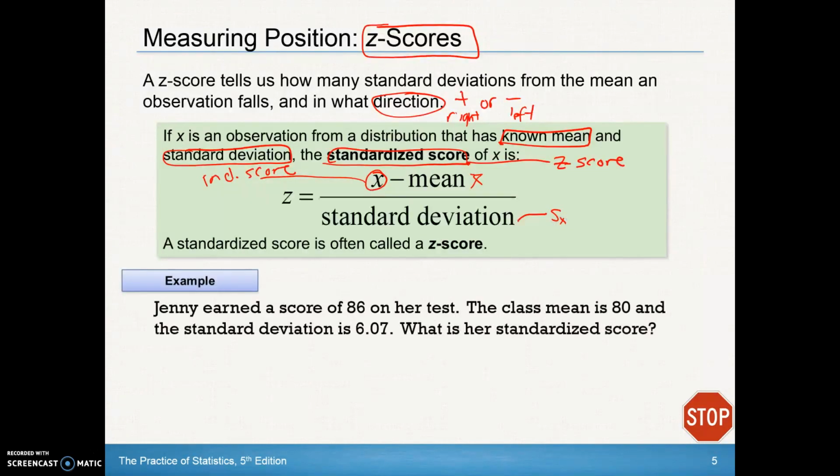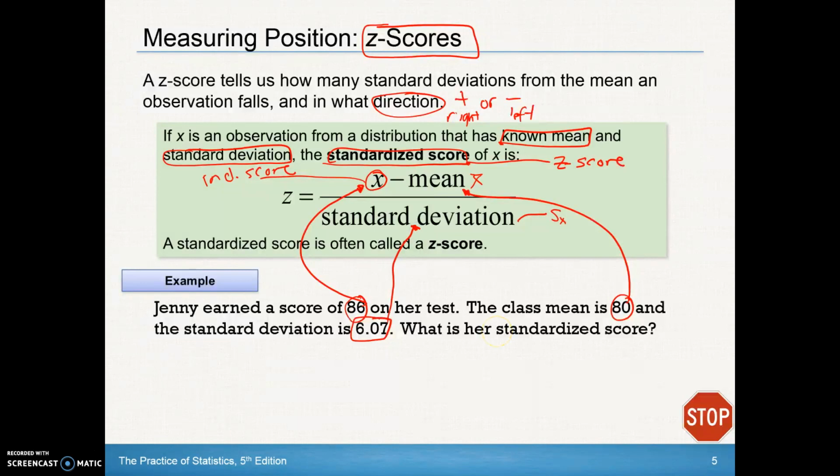So let's go back and look at Jenny. She scored that 86 on her test. That was her individual score. The class mean is 80, so that's what we have here. And the standard deviation was 6.07, so they had the raw data to calculate all this information to get that mean and that standard deviation, or they just gave it to you and you have to trust it.